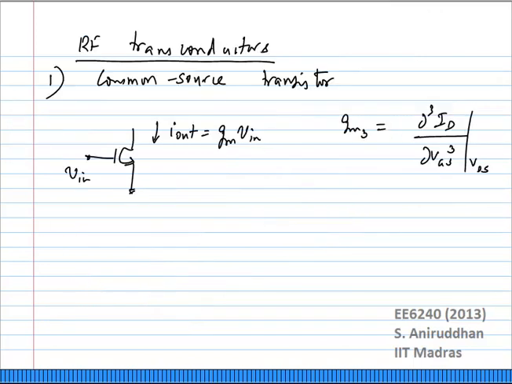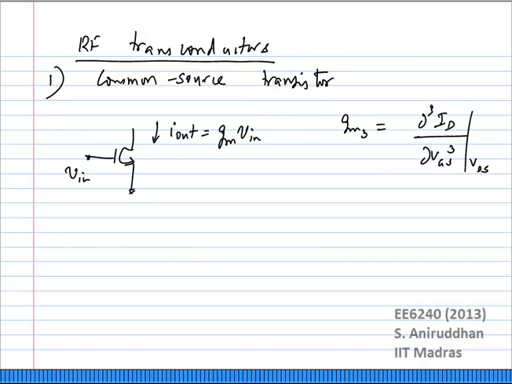So now let us go back to the RF transconductors. You are interested in GM3 because this will give you an idea of what the IIP3 of the overall mixer is going to be.